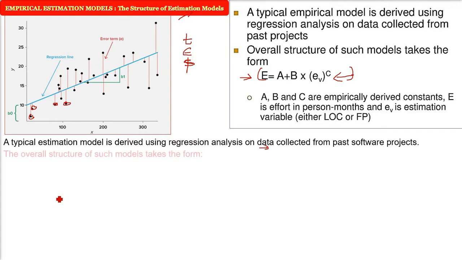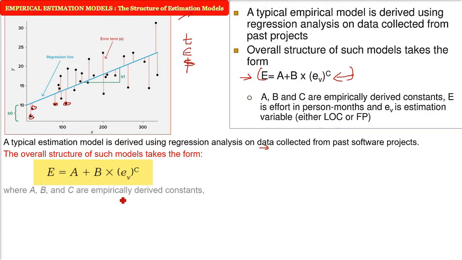The overall structure of these kinds of models, developed historically from when software development started till now, is E equals A plus B into EV to the power C. A, B and C are empirically derived constants. So if you just take a line, y equals mx plus c, this is the standard line equation.